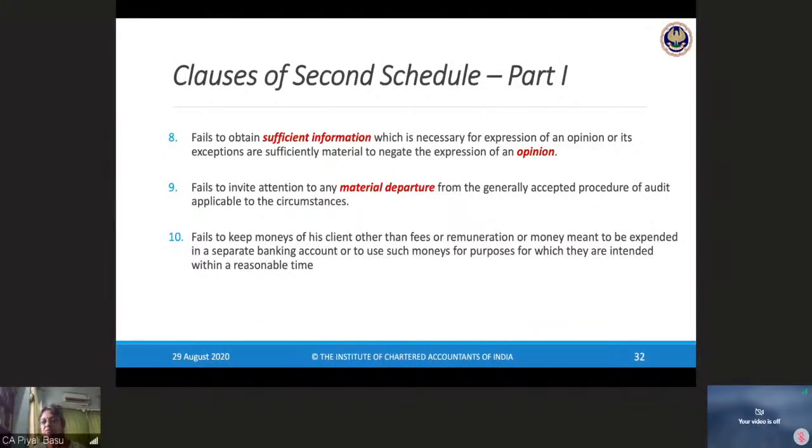So they appoint a liquidator, and they also say that the money will come to that liquidator's bank account. In such cases, a separate bank account has to be maintained. It cannot be combined and mingled with the firm's bank account. Trustee: some money is kept in trust with the audit firm. It has to be a separate bank account and cannot be mingled with the firm's bank account. These are some of the cases.